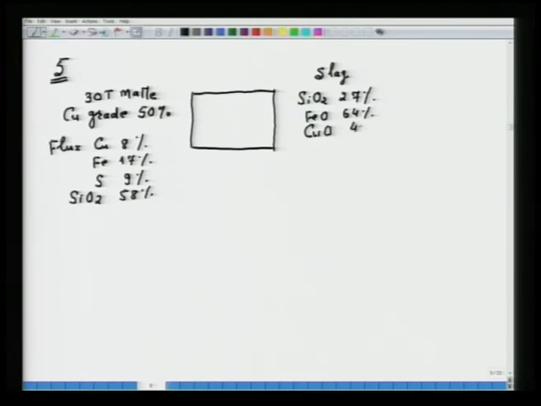And the blister copper has 100% copper. Again, we have to find the weight of flux, slag and blister copper formed, and it also says that all iron enters into the slag.